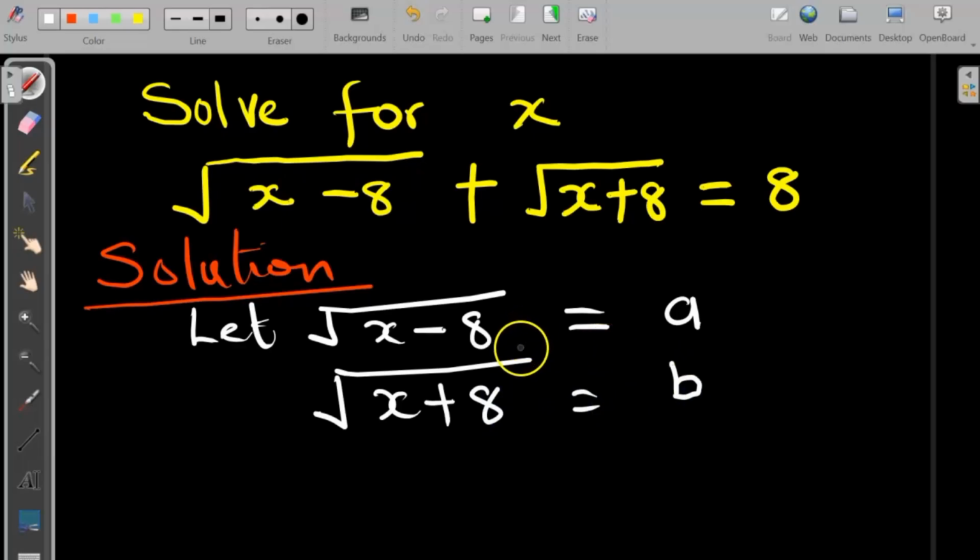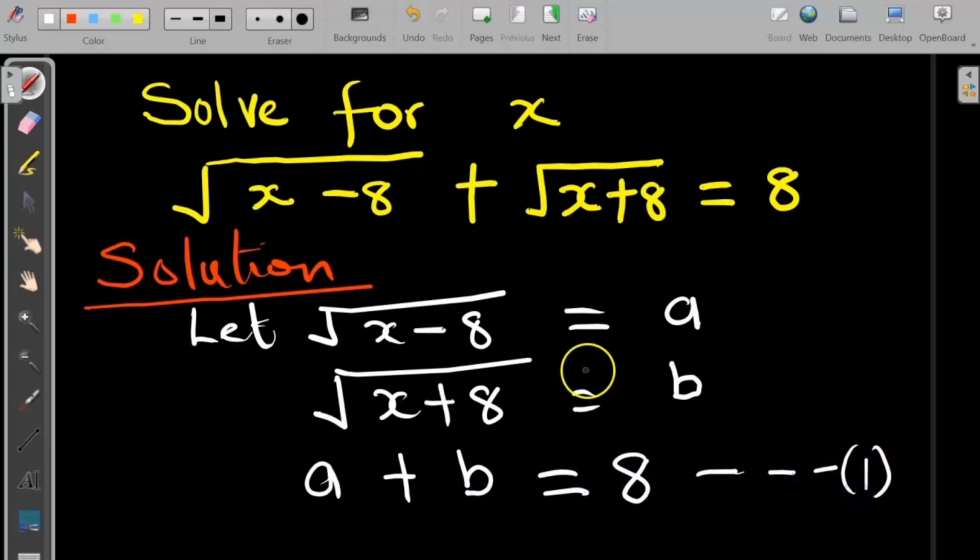I'm going to write the original equation using a and b. A plus b is equal to 8. I call this equation 1.